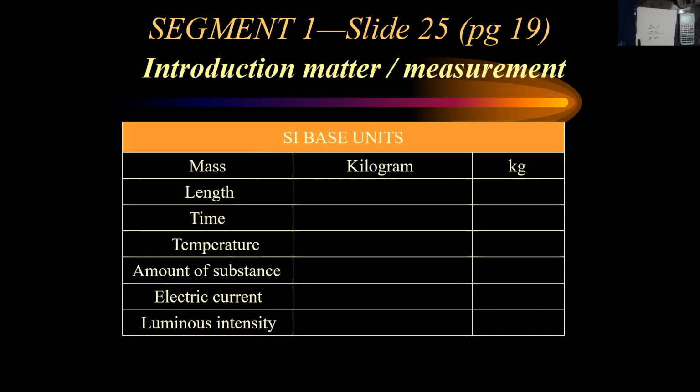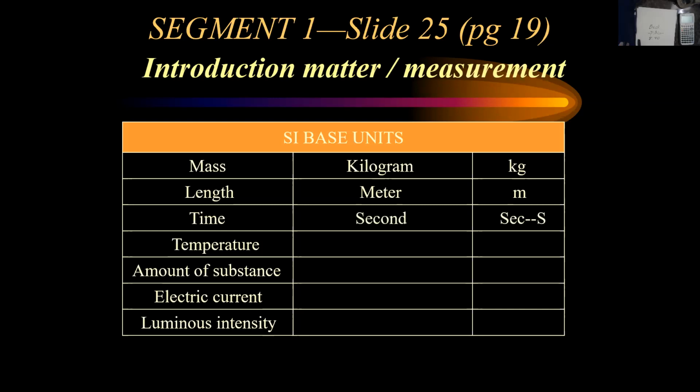Most of the time we do lab work, we measure things with a gram balance and convert to kilograms if we needed to. But the base unit for SI, for mass, is a kilogram. It's given the symbol kg. For length, the basic unit is the meter. Not the centimeter, not the millimeter, but the meter is the base unit.